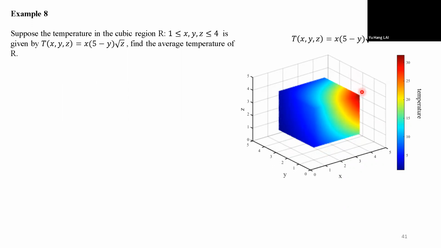Of course, close to that corner you have higher temperature, and if you are far away, you have lower and lower temperature. So this is one way to represent a function of three variables without talking about the fourth dimension: I just use different colors to represent the value of the function at a particular point.